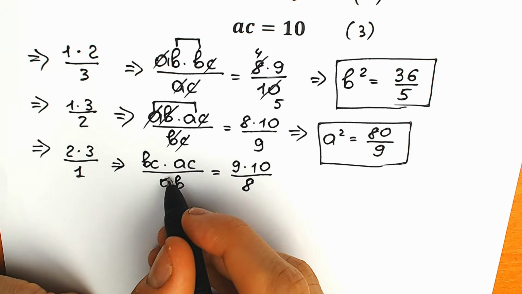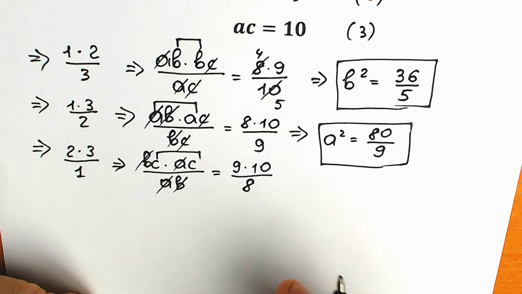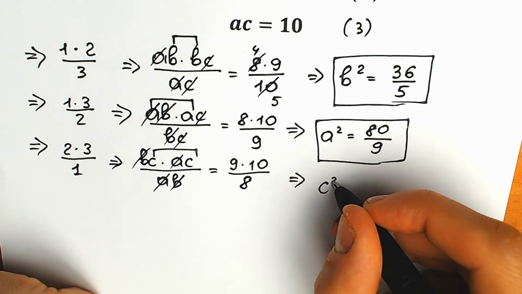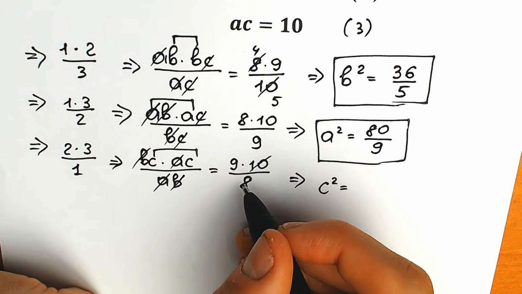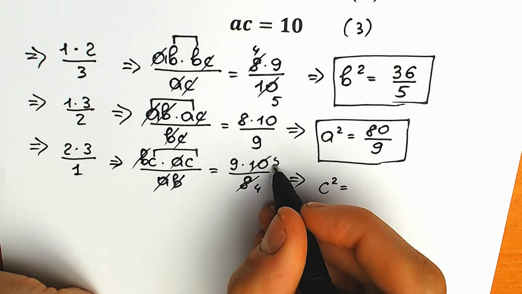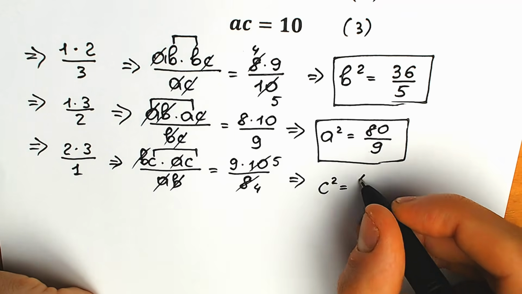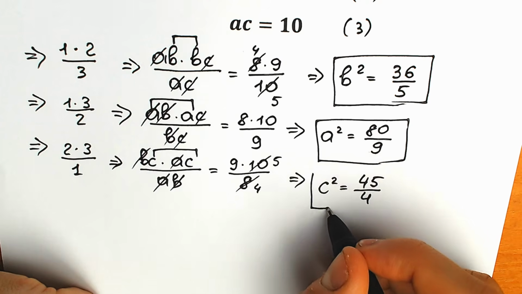As a result, we cancel A, B and B, and we have only C. So our C square equals, right here we can easily cancel 10 and 8: here 4, here 5. 9 times 5 equals 45. So 45 over 4. This is our C square.